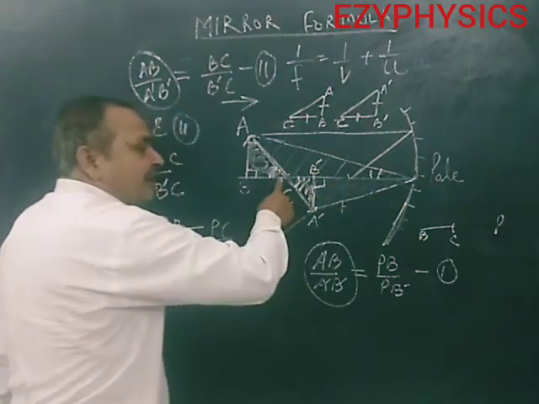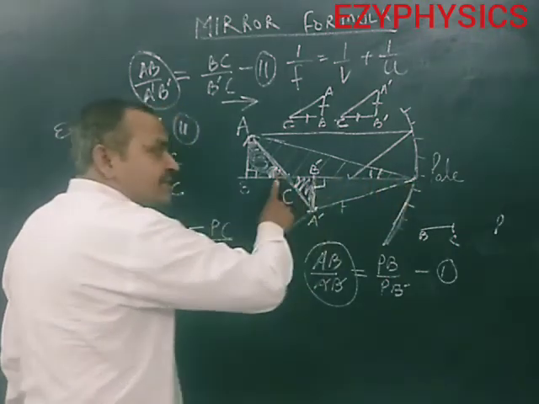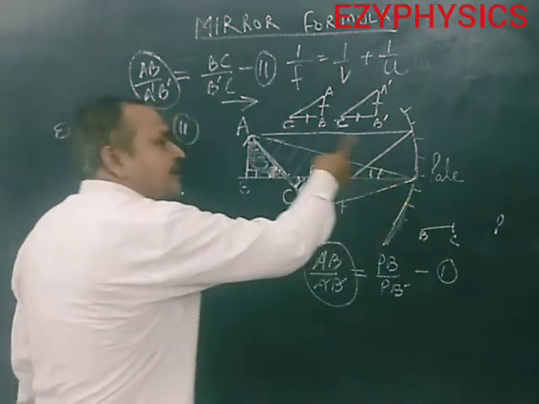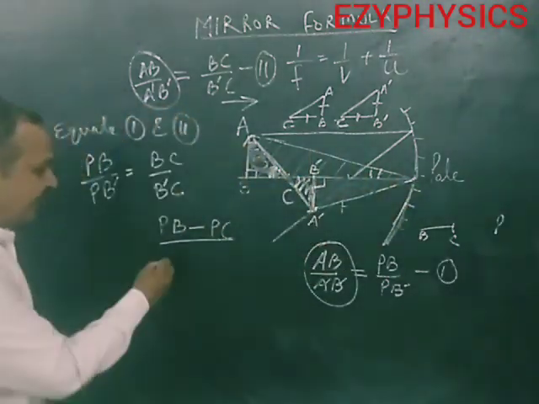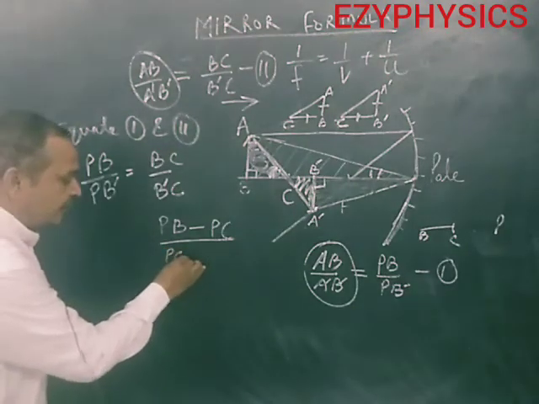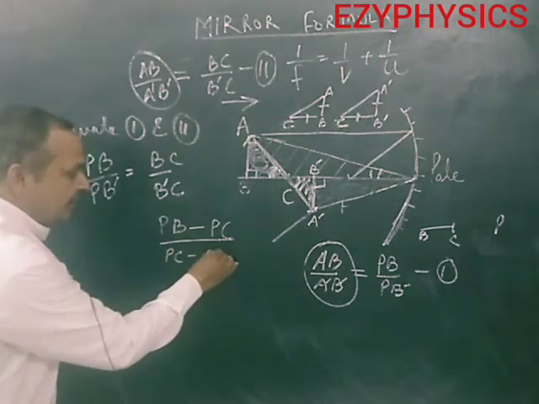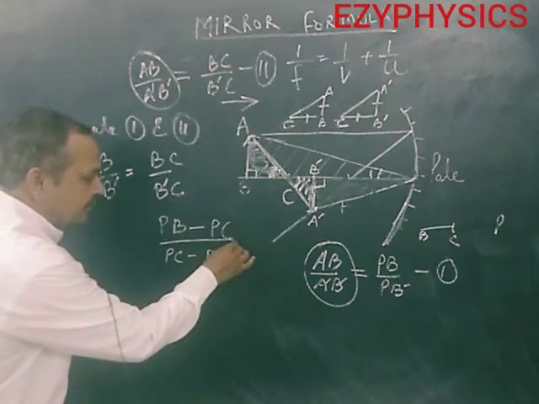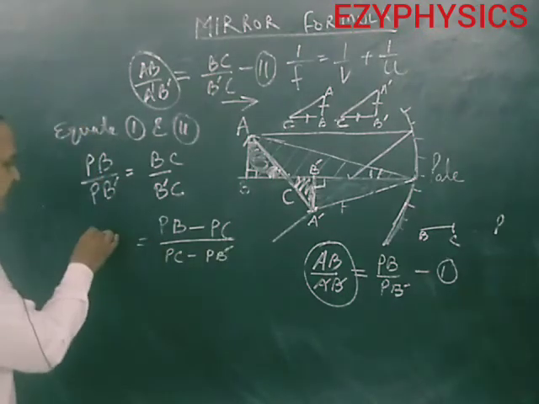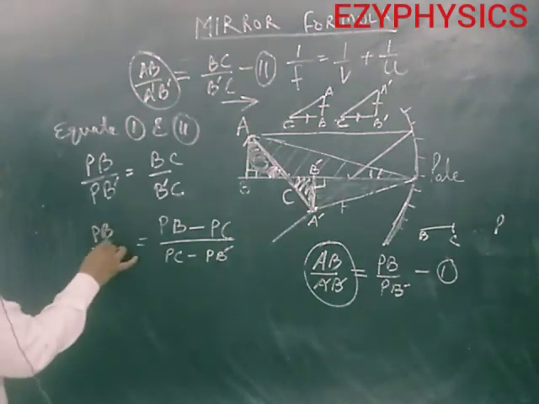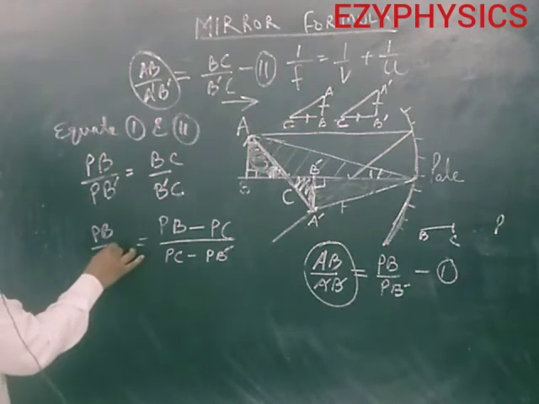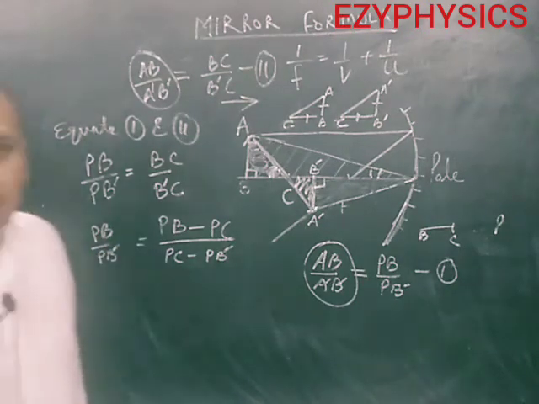B dash C will be written as PC minus PB dash. वेरी गुड. और ये हमारा वैसे का वैसा रहेगा. कोई डाउट? बहुत अच्छी बात है, शाबाश.